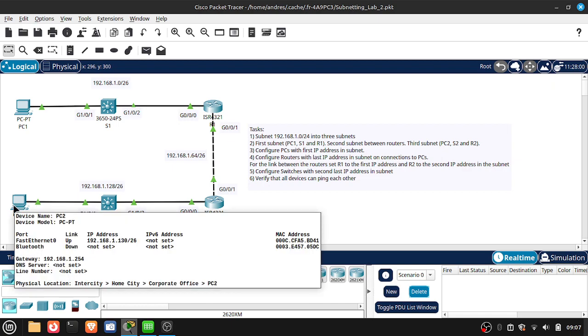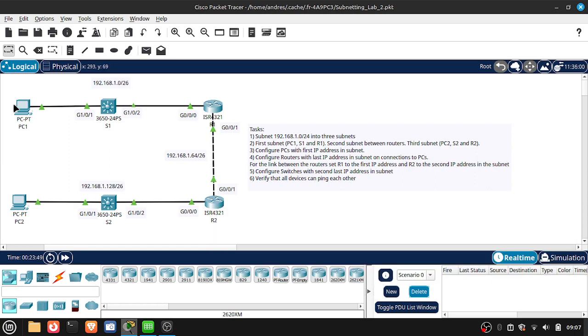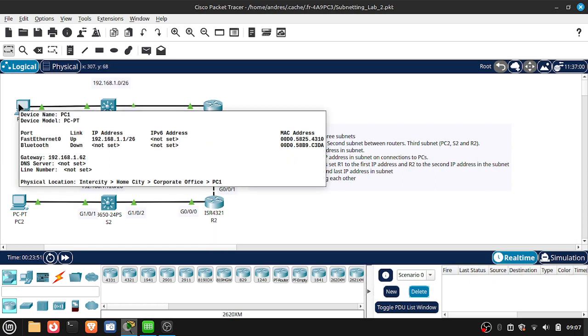And this PC here is up. It has 192.168.1.130, and the gateway is 254. That is right too. And here is one gateway 62. Oh, maybe that is it.